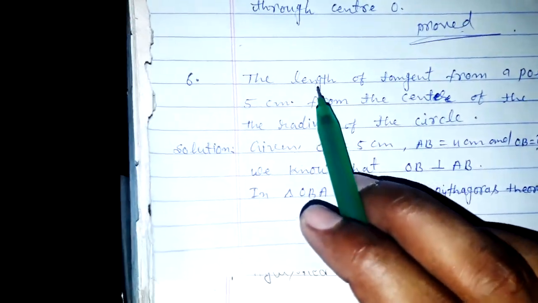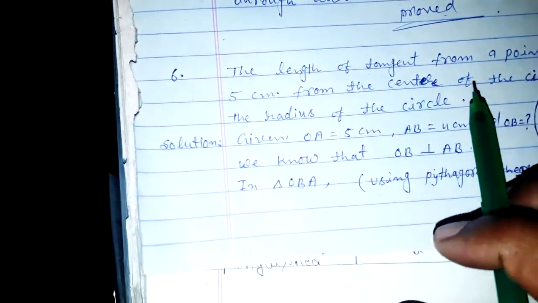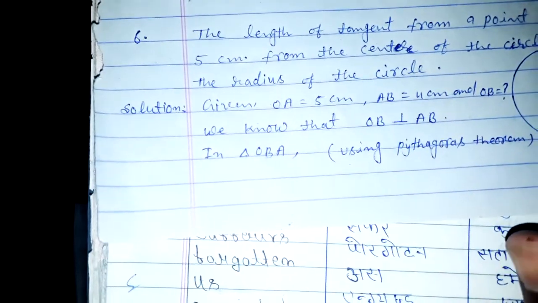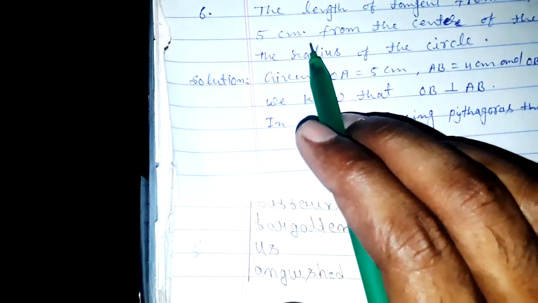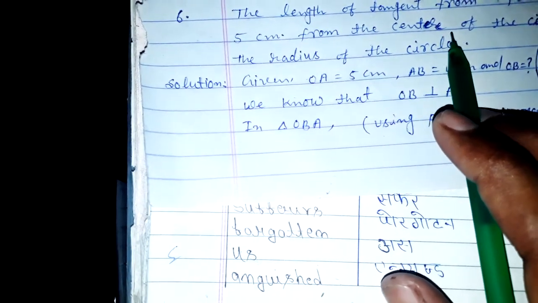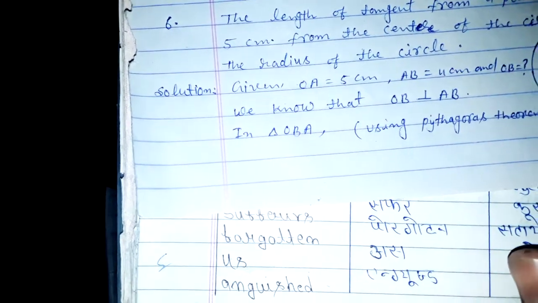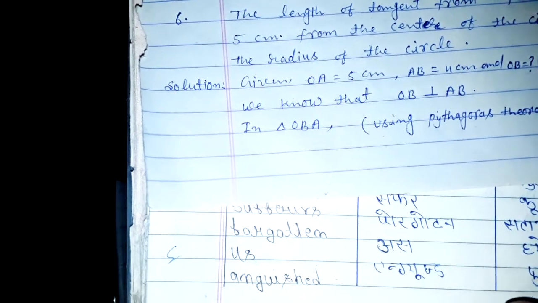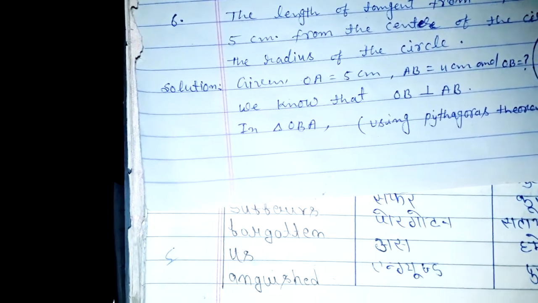The next question is sixth question. The length of the tangent from a point A at a distance of 5 cm from the center of the circle is 4 cm.